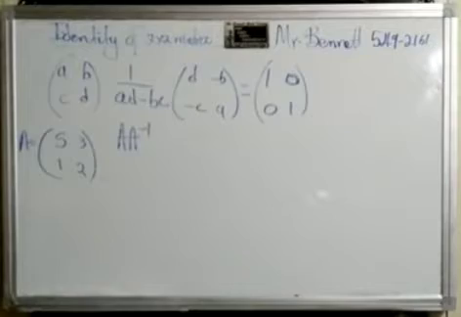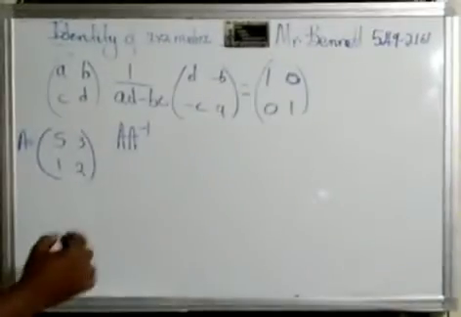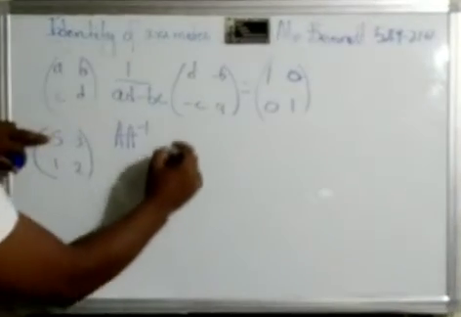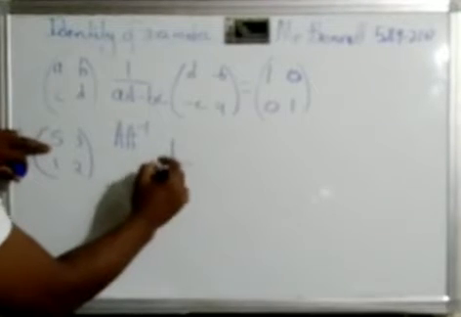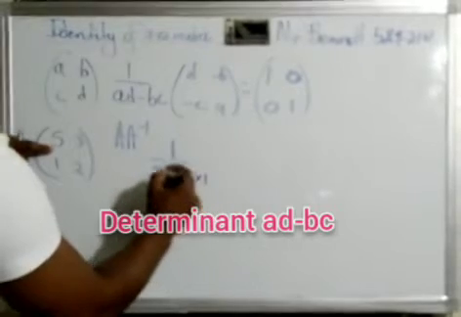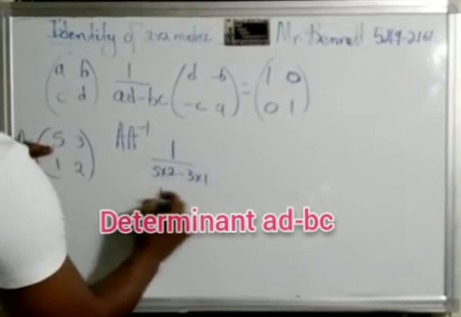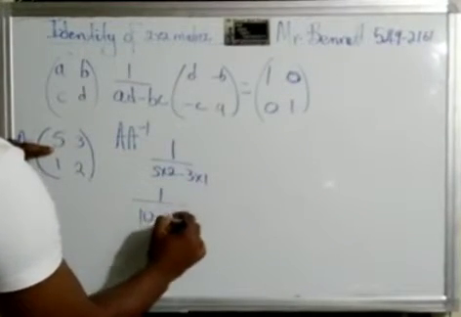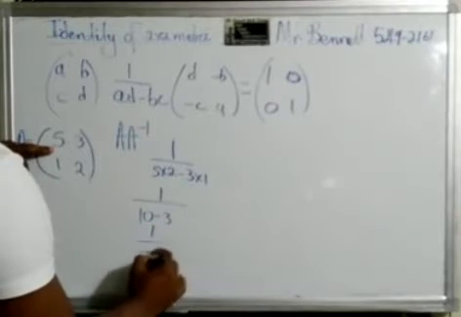Alright, let us look at this. Let us find the determinant first. It would be 1 over 5 times 2 minus 3 times 1. So 5 twos are 10, minus 3, that works out to 1 over 7.